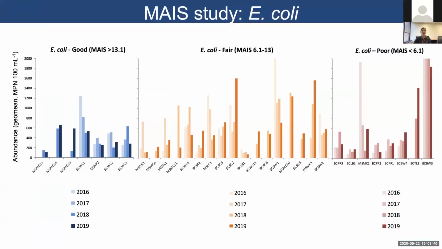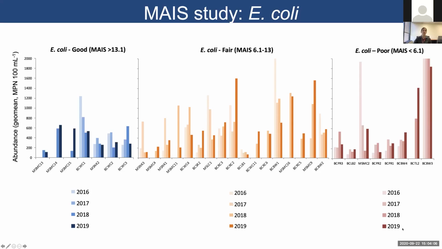And at each of the MAIS quality scores, whether it be good quality shown here in blue or poor quality shown here in red, we found that the abundance of E. coli, of fecal indicator bacteria, was exceeding that EPA threshold at the majority of sites across multiple years of study from 2016 to 2019.